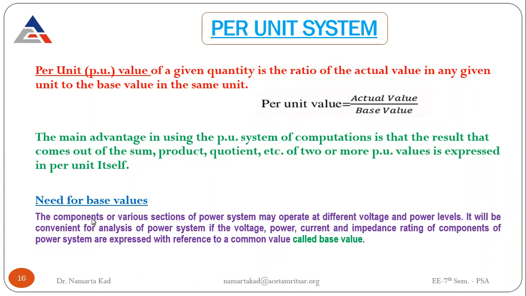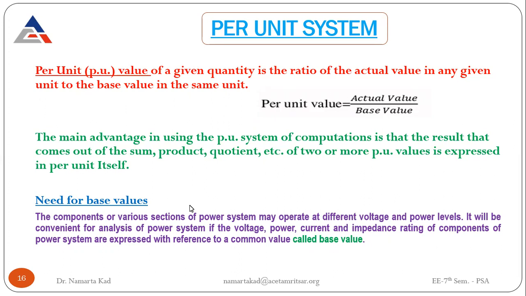So it will be convenient for the analysis of a power system if the voltage, power, current, and impedance ratings of the components are expressed with reference to a common value called the base value. So the base value is a common value that is selected for the complete power system.